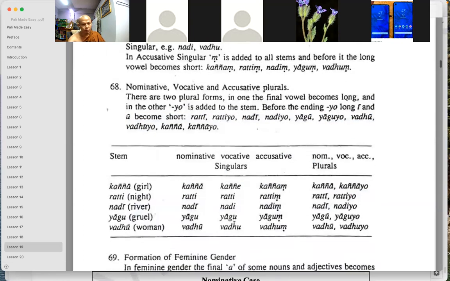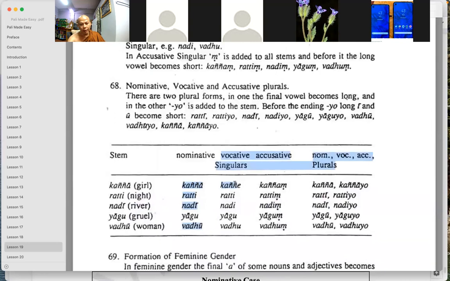So here, kanya, kanye, kanyam. That is singular. But for plural it is kanya, kanya yo. And the rati is rati, rati, and rati, rati yo. So rati in nominative case, rati in vocative, rati in accusative.